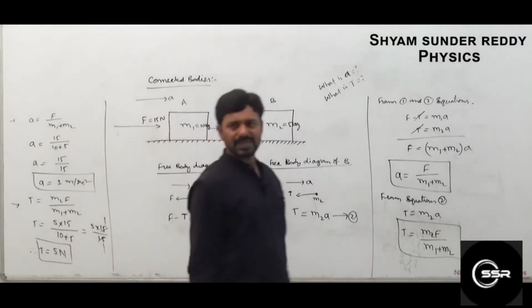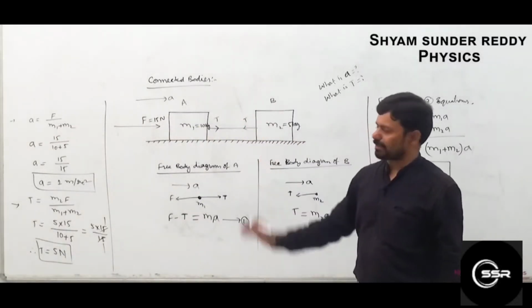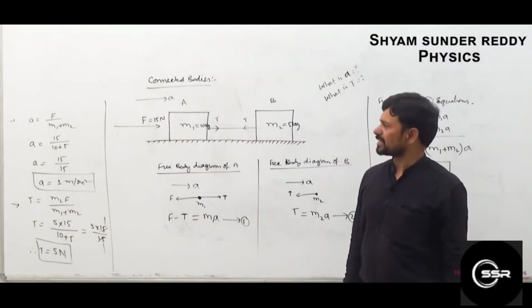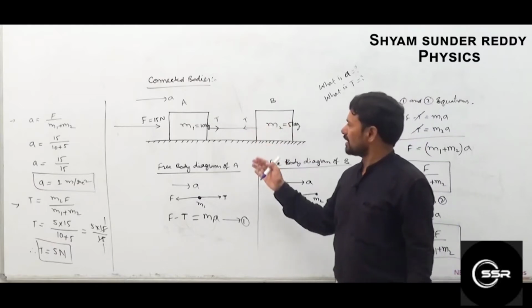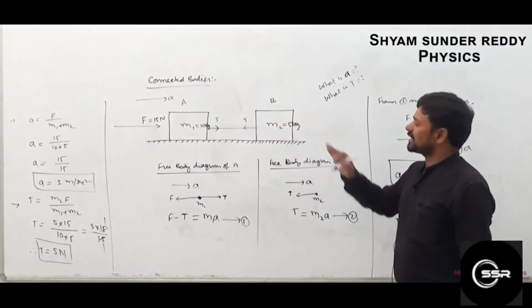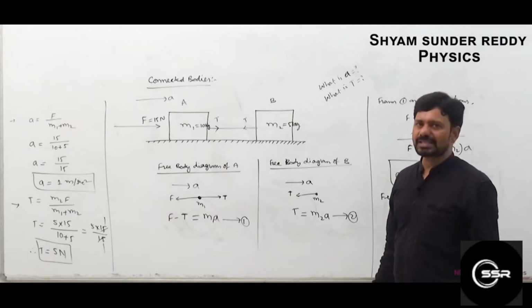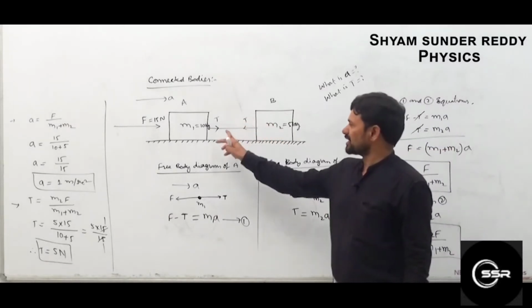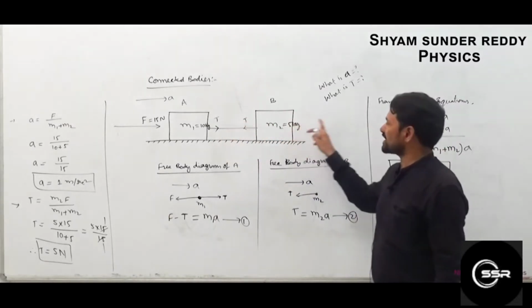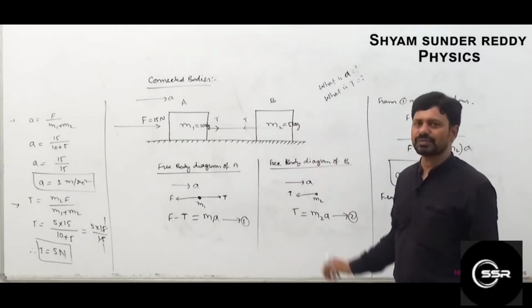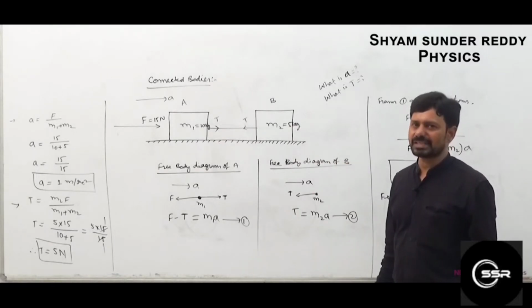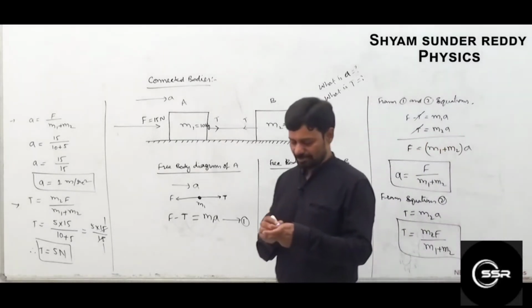This is the concept as well as the problem. Based on this, suppose 3 blocks are there, then tension T1, tension T2 also we need to find. This is the method. Okay, next.